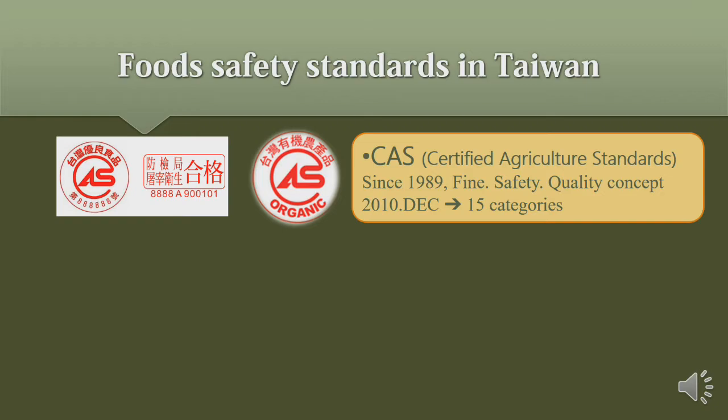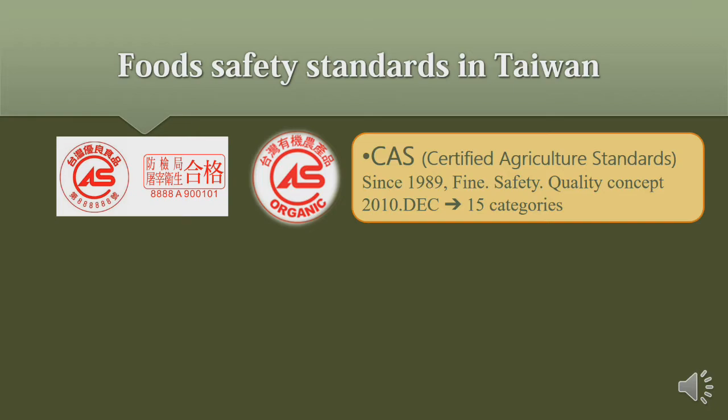So CAS stands for Certified Agricultural Standards, and it is followed by organic food, which also got a CAS mark. So if you buy food and see CAS on it, that food is good.